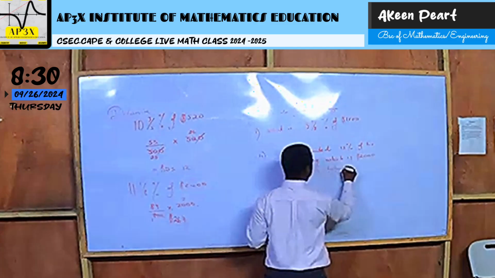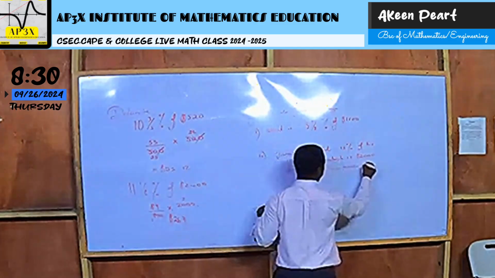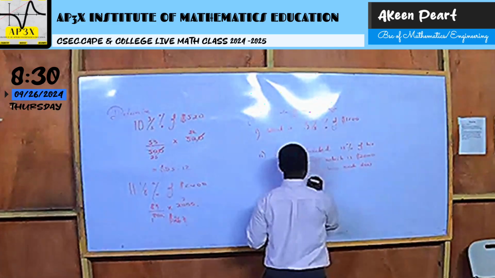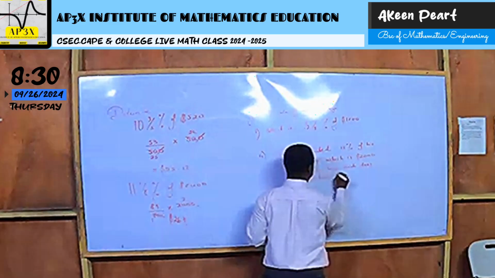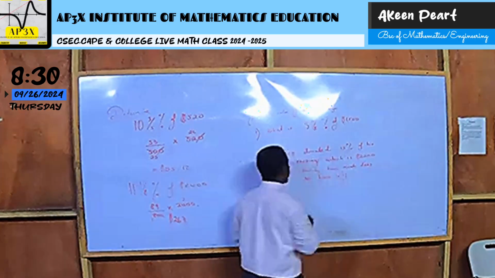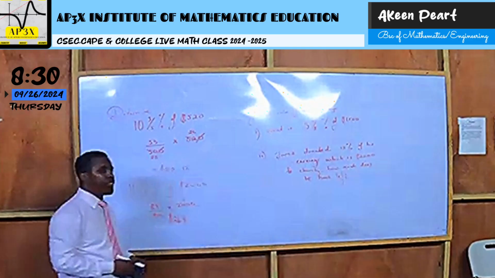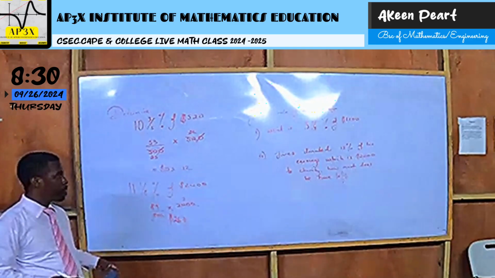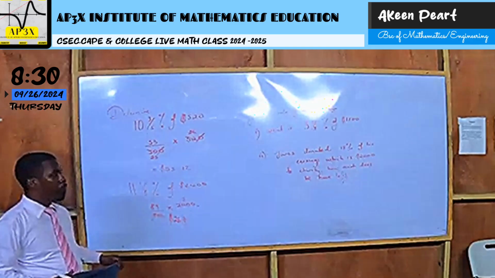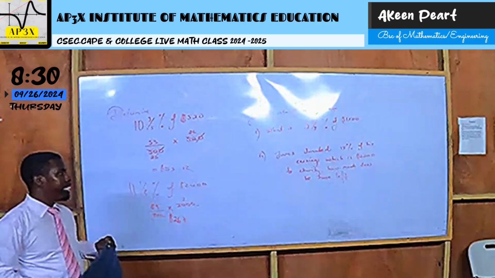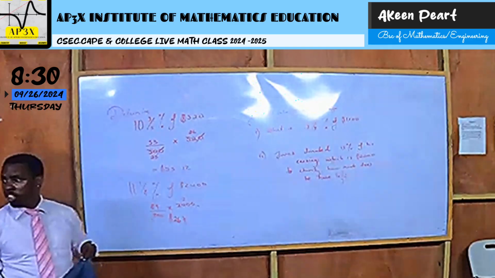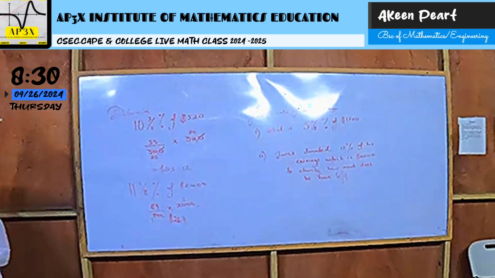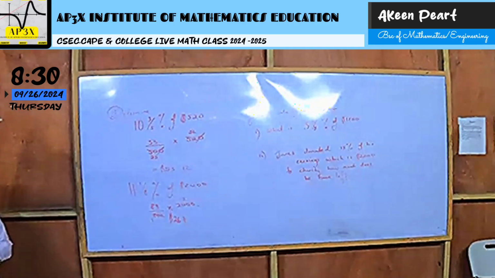How much does he have left? So James donated 50% of his earnings, which is $2,000, to charity. We want to know how much money he has left after making the donation. So give that a try.